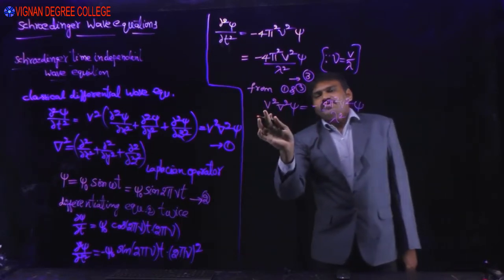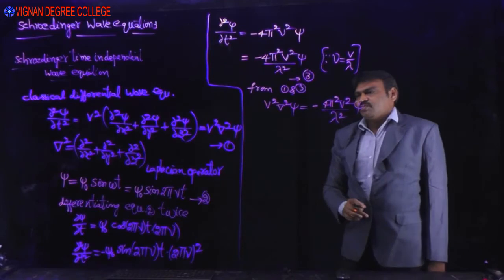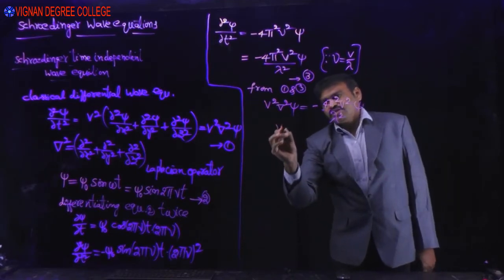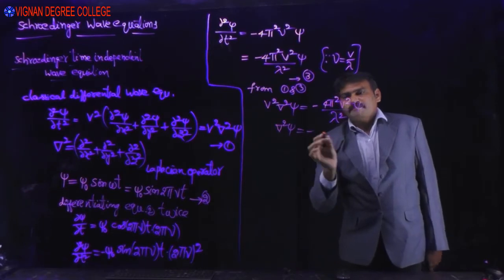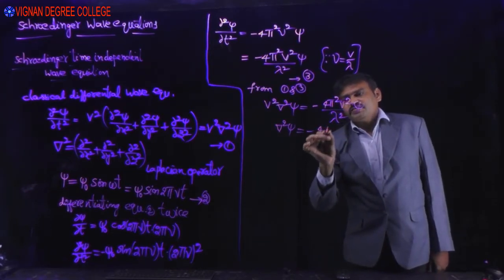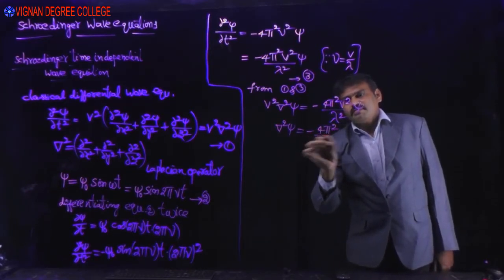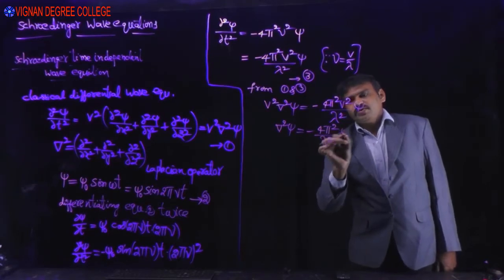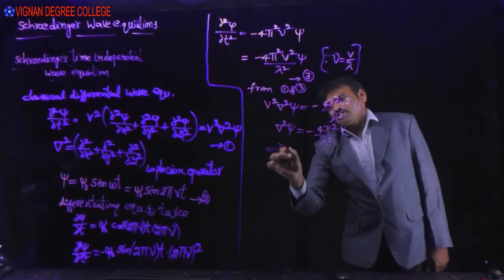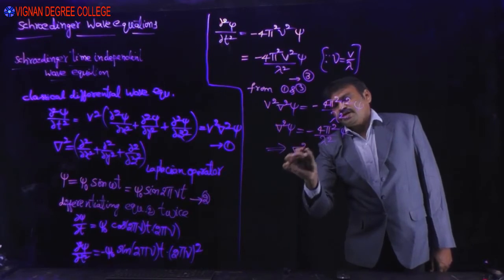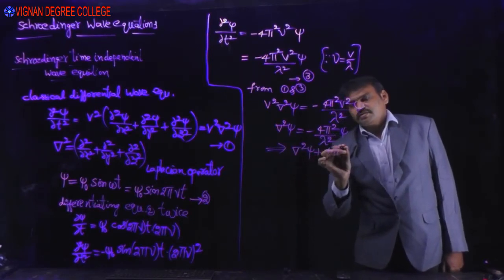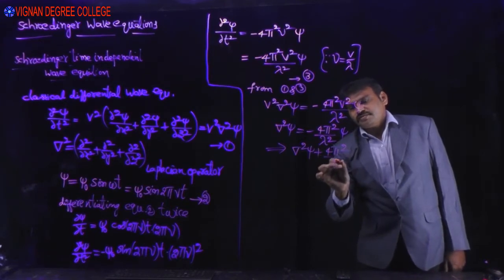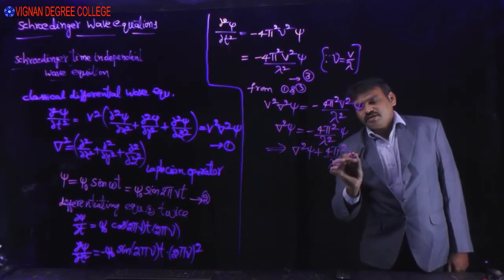Here v square gets cancelled on both sides. Then del square psi is equal to minus 4 pi square by lambda square into psi. From this, del square psi plus 4 pi square by lambda square into psi is equal to zero.